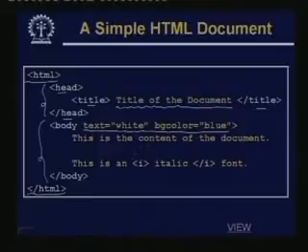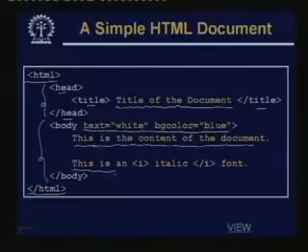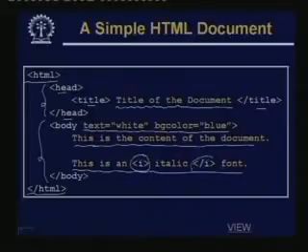The actual body of the document is this, some text which will come. This is an italic font. You see, there is a begin italic and an end italic, so the word in between should come in italic font. Now, when this particular HTML document gets displayed on the browser, it will look something like this.